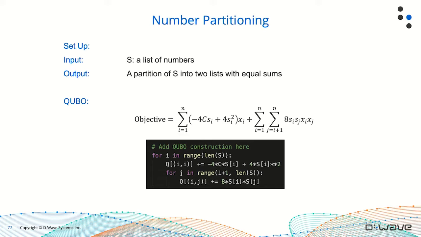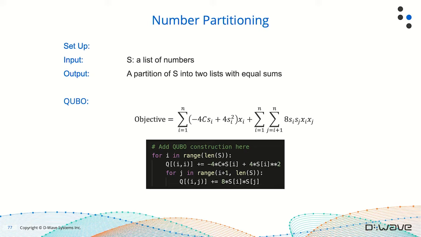We just want the sums to be equal. Now, if you go through the binary quadratic model formulation of this, you end up with a QUBO, or a binary quadratic model, that looks like this objective here. So you can see I've done all of the math and all of the simplification to combine everything together into one math expression here. And this is where we have our linear and our quadratic terms. So in this expression, the x's, those are our binary variables.